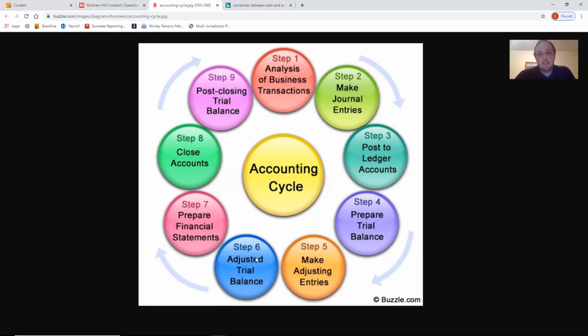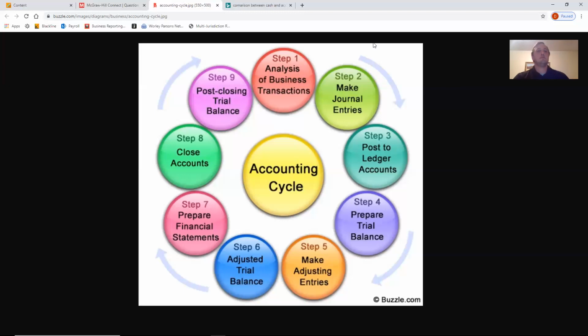Once we have this, we can then take those numbers and directly put them into our financial statements. So that's your balance sheet, your income statement, cash flows, everything comes off of the trial balance. Once we're done for the month and the reports are issued, we'll close out and get ready to start again with the fresh trial balance. And then the transactions start rolling in again and we start all over.